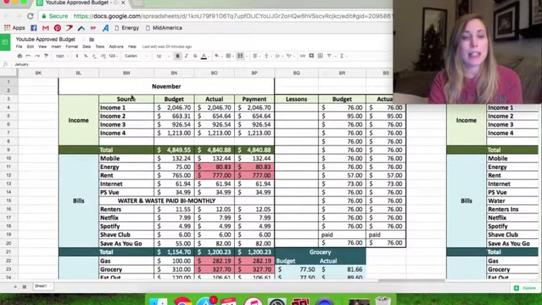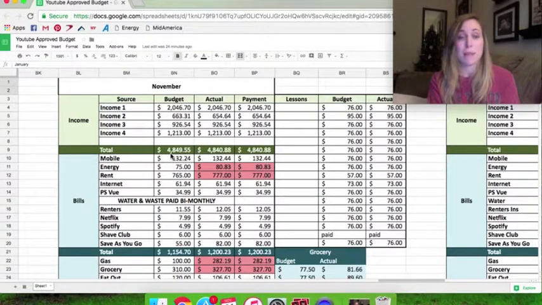So that is our income for the month, and if you look below each section, I'm going to have a total. Right here in this dark green it says the total. Our budgeted total for our income was $4,849.55, which is excellent. We were not expecting that much.